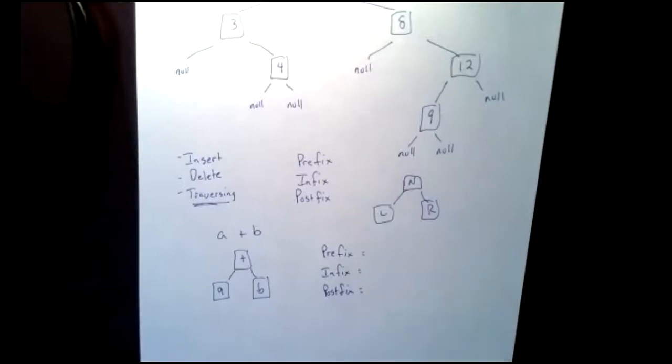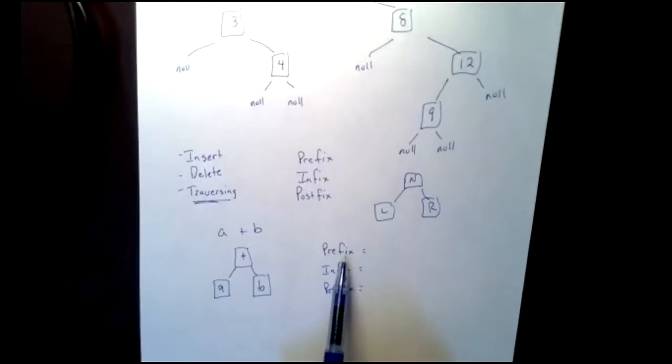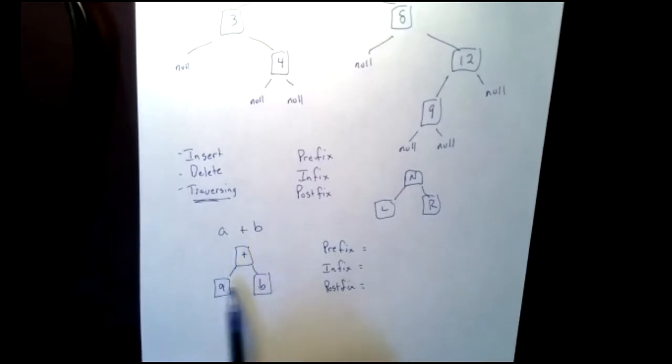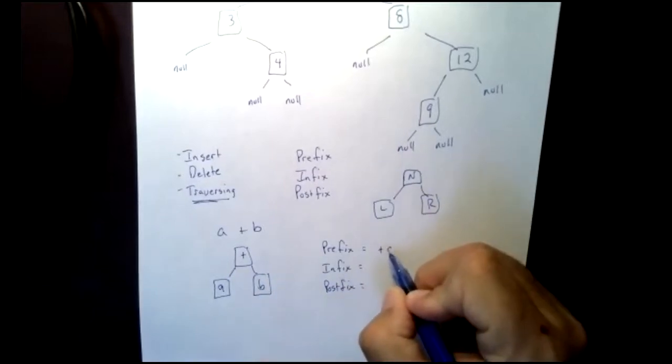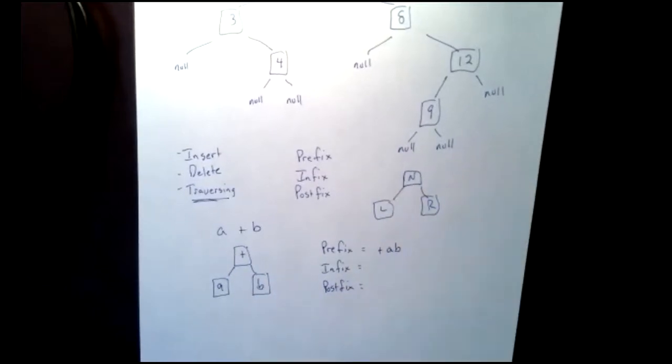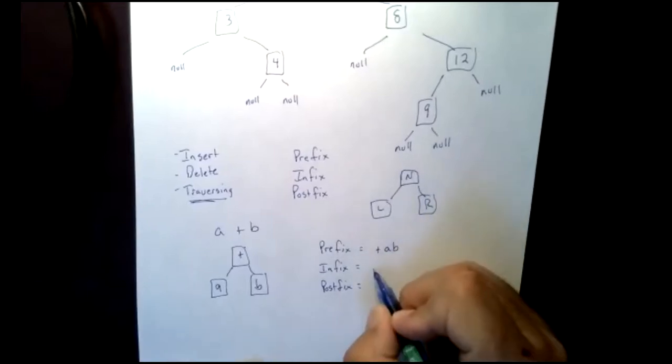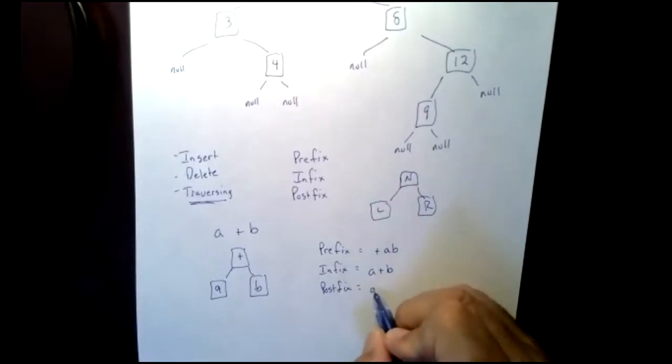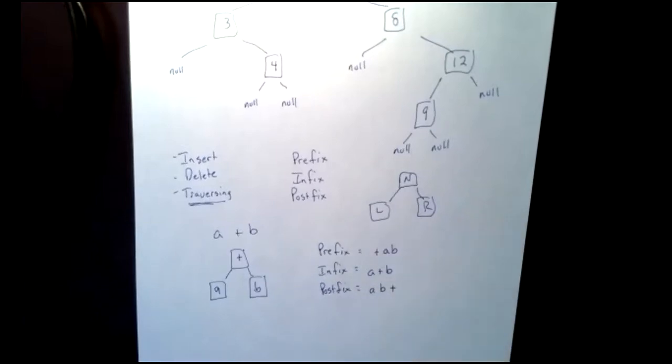So if I was to think about prefix, I would go with this kind of rotation: plus A B. It's called prefix notation. Infix, we know that to be A plus B, which means postfix, which is also called Polish notation, would be written A B plus.